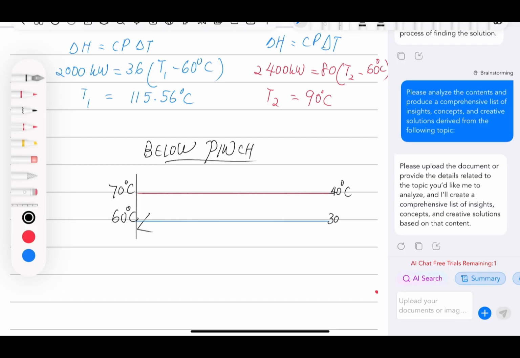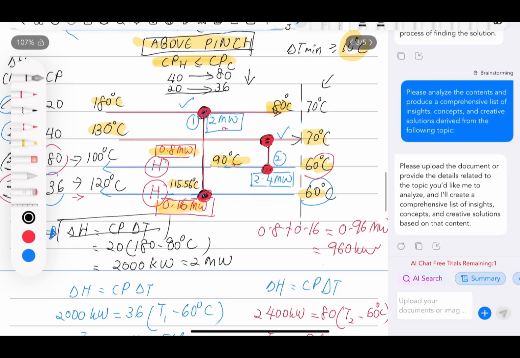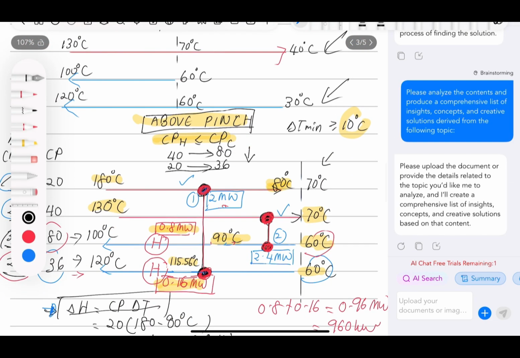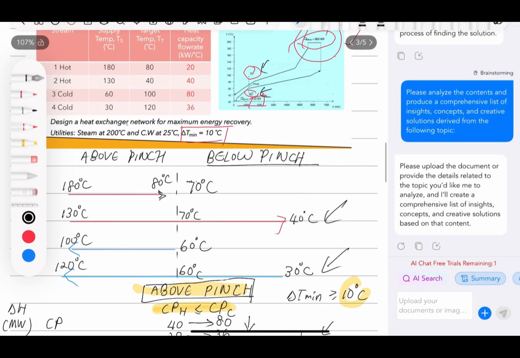And this is from 30 to 60. And then don't forget to write the CP requirement. So CPH for below pinch must be greater or equal to CPC. So both streams have a CP of 40 and 36.